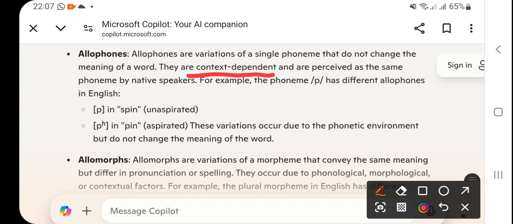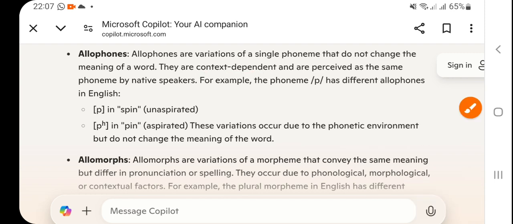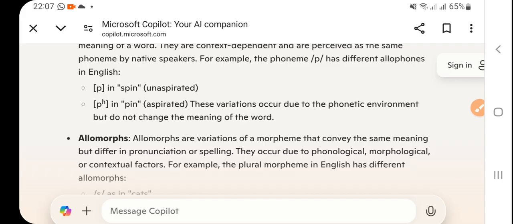Okay. So now, for example, the phoneme P has different allophones, as in spin and pin. When we say spin and when we say pin, the shape of the mouth is changed.